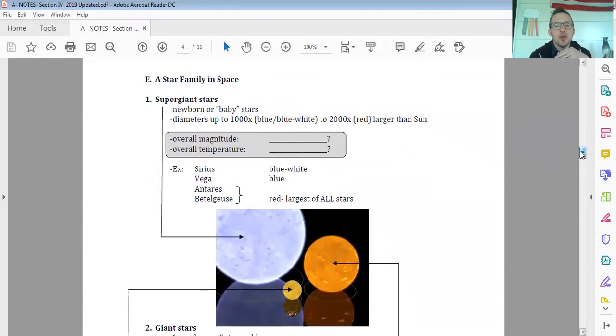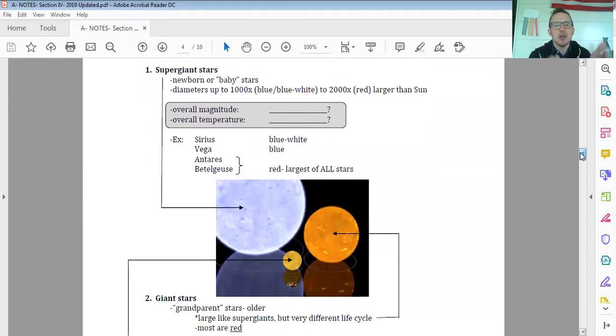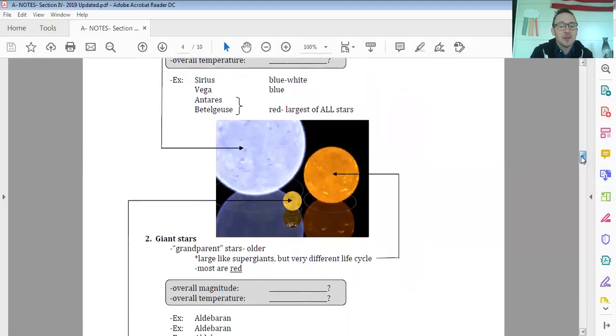Some examples which we've learned in class, we saw Sirius in the wintertime sky along with Betelgeuse. You might remember that was the reddish shoulder of Orion, the mighty hunter. And then we have Vega and Antares, the heart of the scorpion, from the summer sky. Those are our red supergiants. So supergiants are very young stars. They're very, very large. And we're going to see later on, they live very surprisingly short lives.